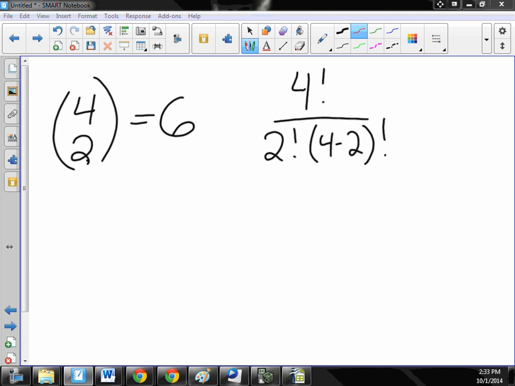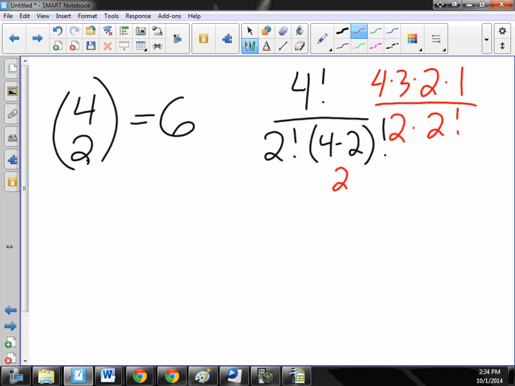Factorial just means that number times the one before it times the one before all the way down to 1. So this is 4 factorial over 2 factorial times 4 minus 2, which is 2, so 2 factorial. So 2 cancels 2, and 4 and 2, so we end up with 6.